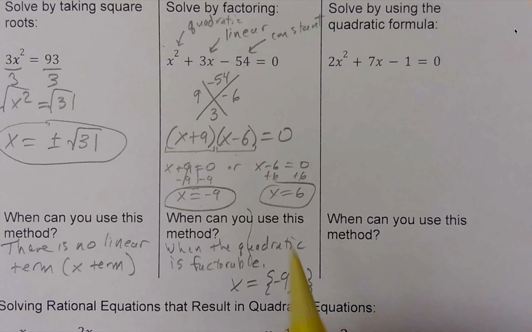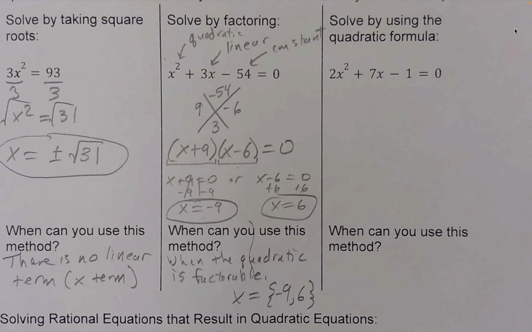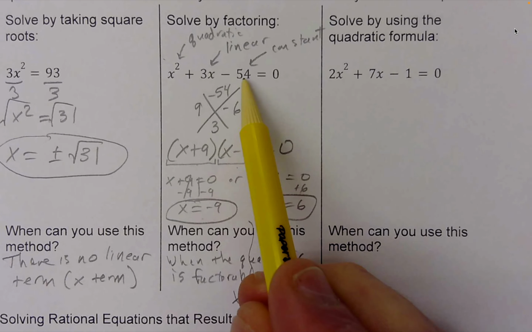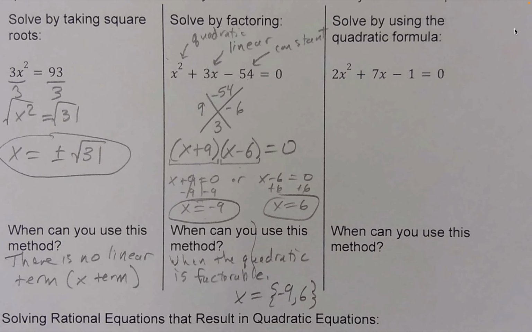No, I mean, what that means, you guys, is every single quadratic is not factorable. If this was minus 53 instead of minus 54, it wouldn't have been factorable. If you don't want to deal with this at all, you're like, I don't want to have to figure out if it's factorable or not, I don't have to go through that labor. It's fine by me. Use the quadratic formula.